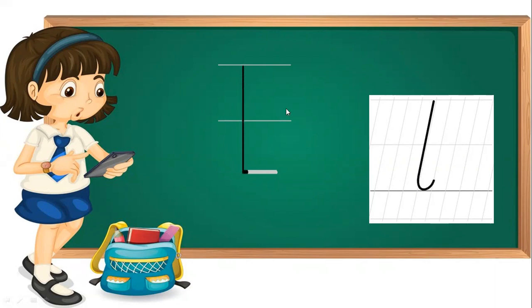And a curved line is just like a C with a different formation. Understood? And a slanting line is just like a slope. So, draw a standing line reaching to the bottom, then slightly curve toward the right. Okay? So, it will form the letter l.